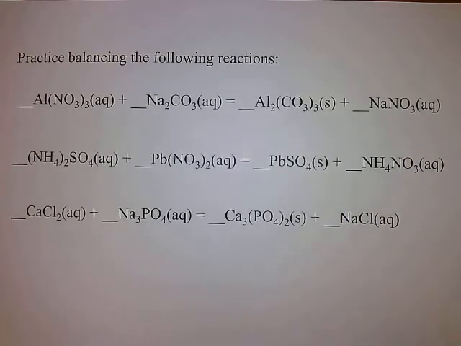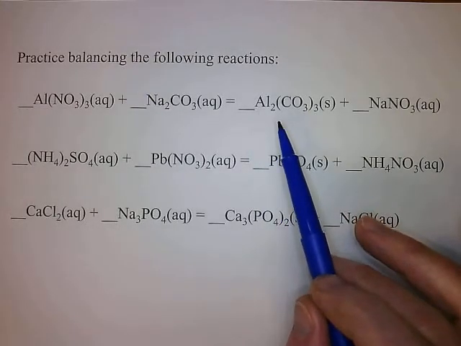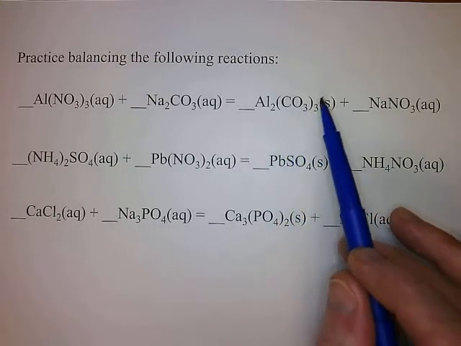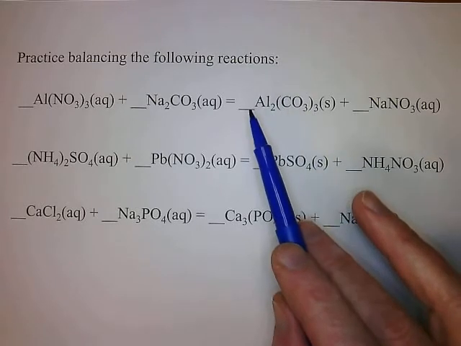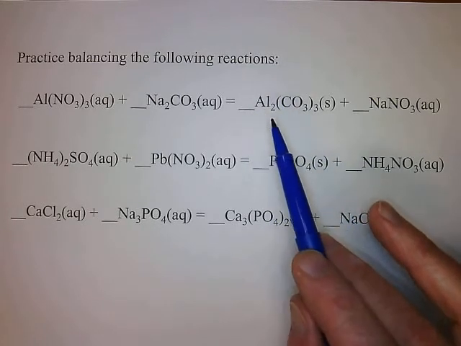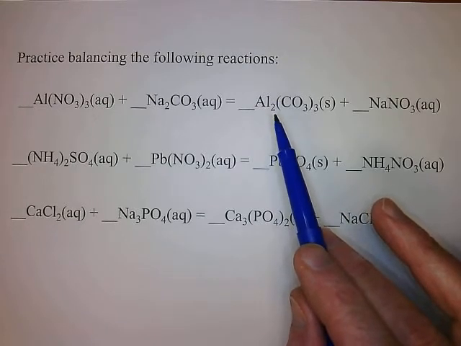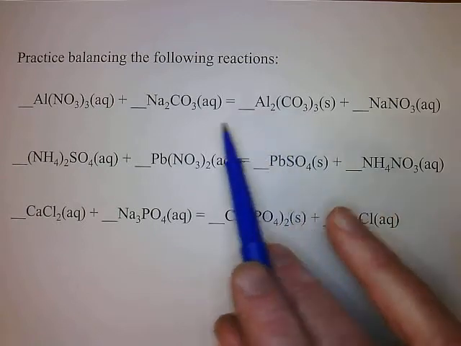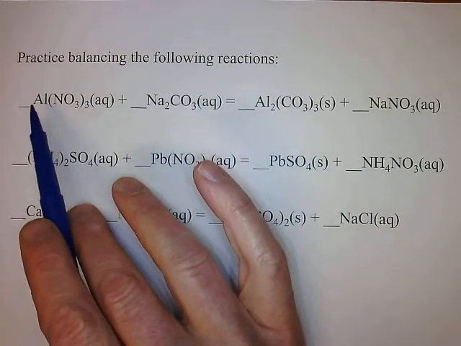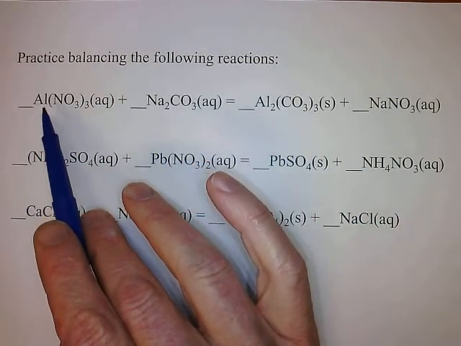The way I would balance this, I would start with the aluminum carbonate, the precipitate, Al2(CO3)3. So we know we're going to have to have two aluminums on the right side of the equation. On the left side we have aluminum nitrate.